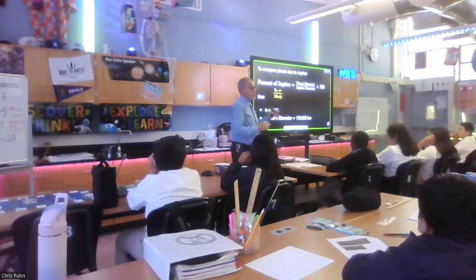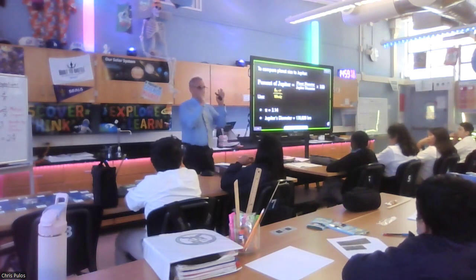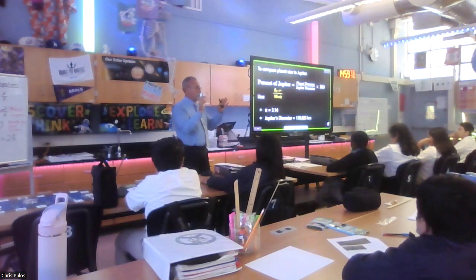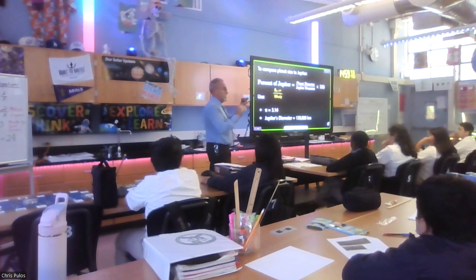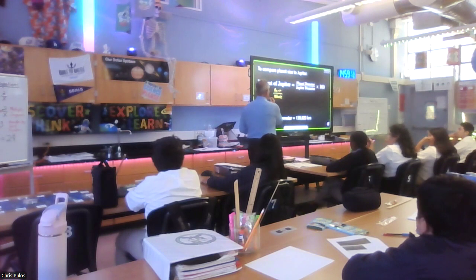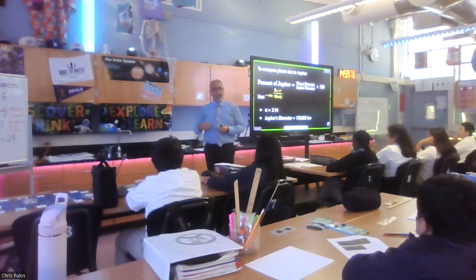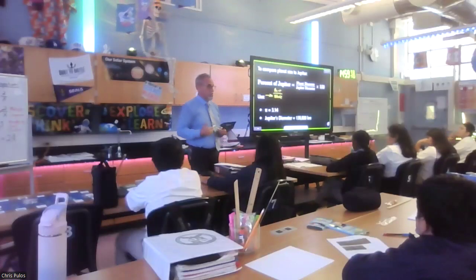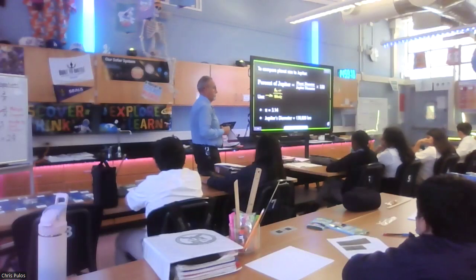So you take the object you are going to be comparing to the object that you have. So we're going to be comparing to Jupiter. So that's the whole, that's the main part, the whole. And you put the other planet on top and you find out the percentage of that.